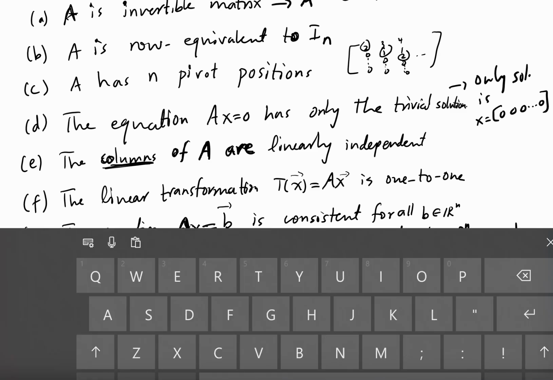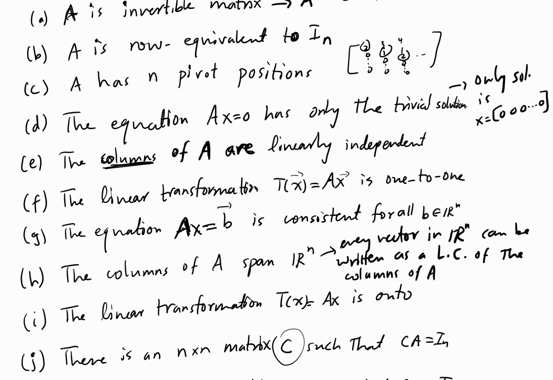You tell them that the columns of A are linearly independent. You tell them that the linear transformation T of x equals Ax is onto. They all mean the same. All these are equivalent, meaning if I know one of them holds, I can use the rest of them to solve a question or something like that.